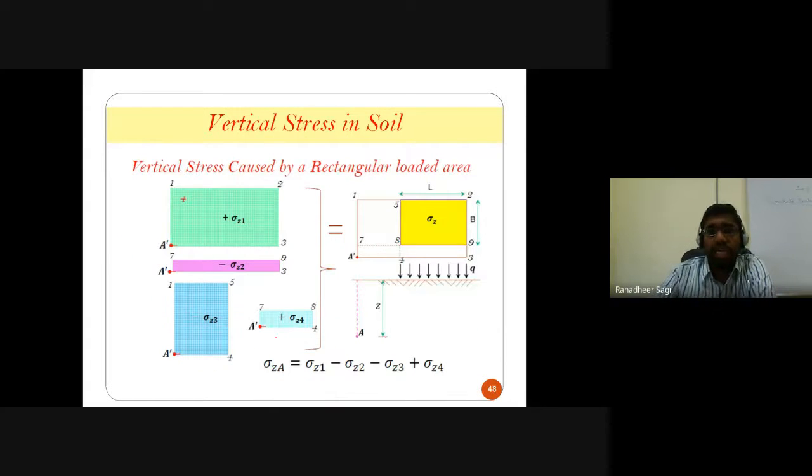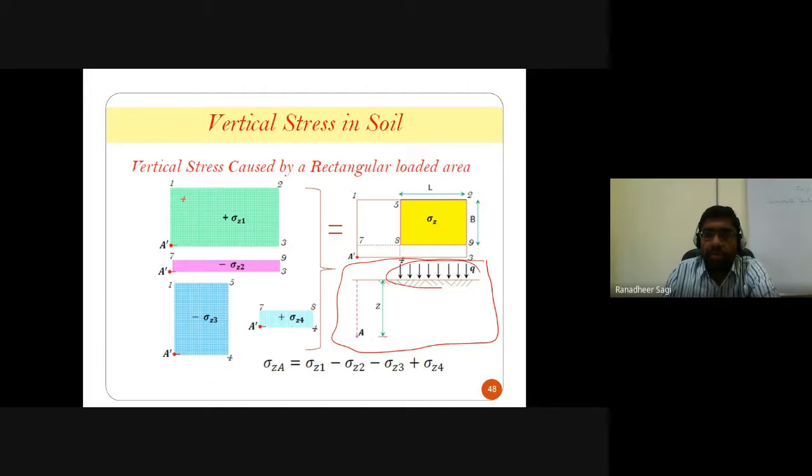Now, in the same way, if that particular point I am looking at is not falling in the region of your loaded portion, and the point where you want to calculate your vertical stress is falling somewhere else. So in such a case, let's say this is a sectional view of that condition I am talking about.